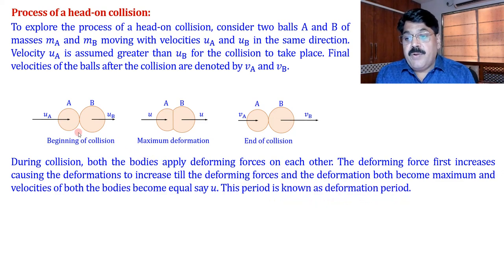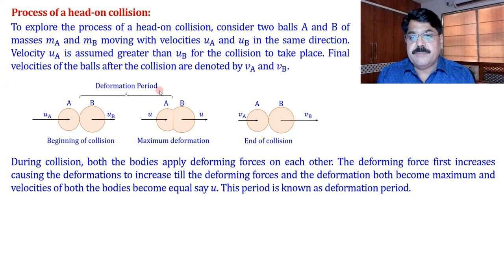So from the beginning of collision, or beginning of interaction, to the instant when deformation is maximum, or interaction forces between the bodies are maximum, the bodies acquire the same velocity. This period is called the period of deformation, or you can say deformation period.